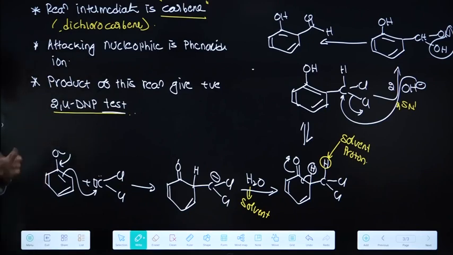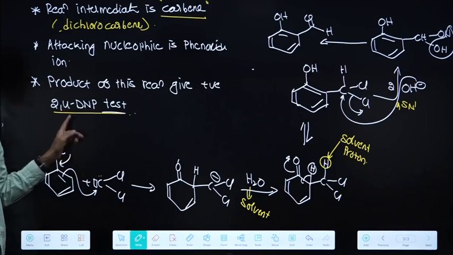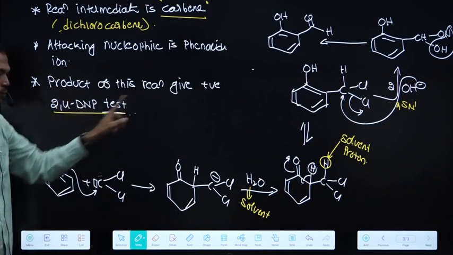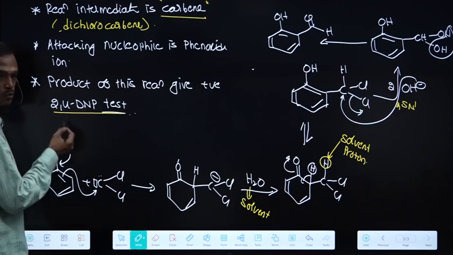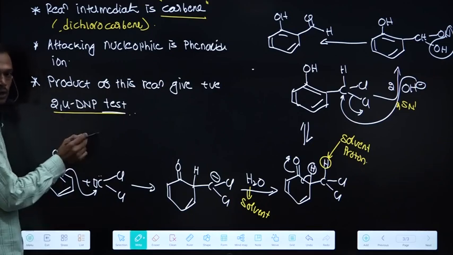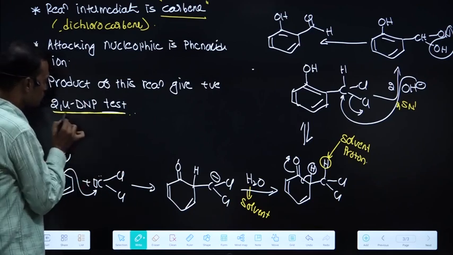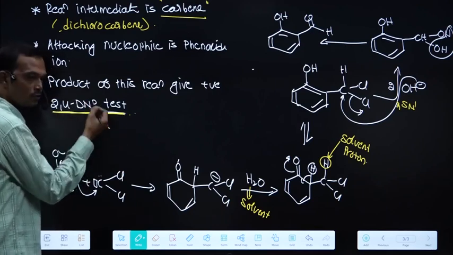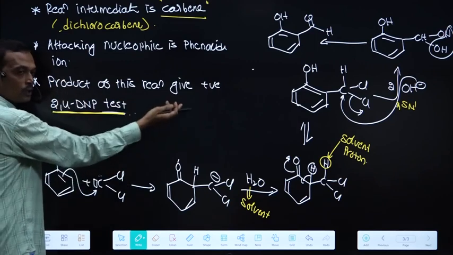After the product gives a 2,4-DNP test, it means there is definitely a formation of a carbonyl. What is DNP? Dinitrophenylhydrazine converted to hydrazone. So in the DNP test, yellow-orange crystals appear when reacting with a carbonyl compound. The reactant will not give the DNP test, but the product will.